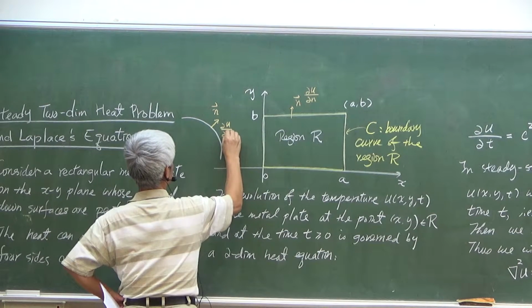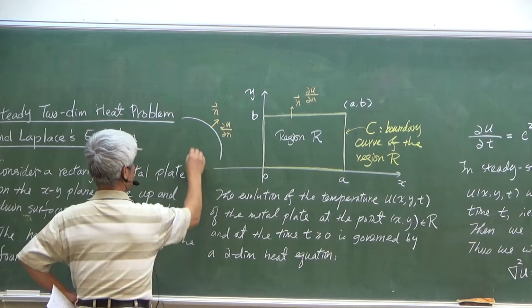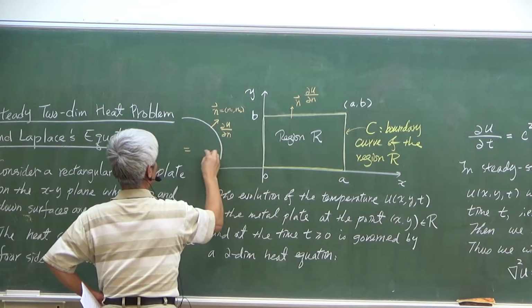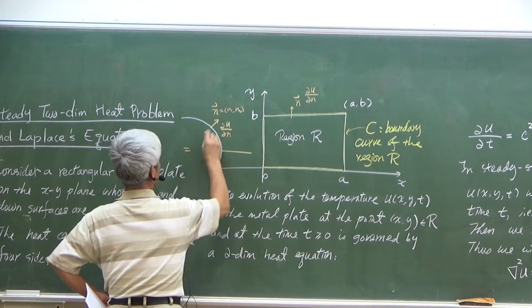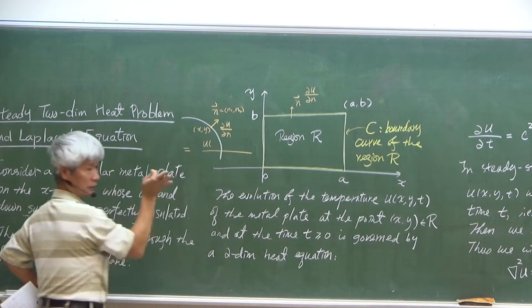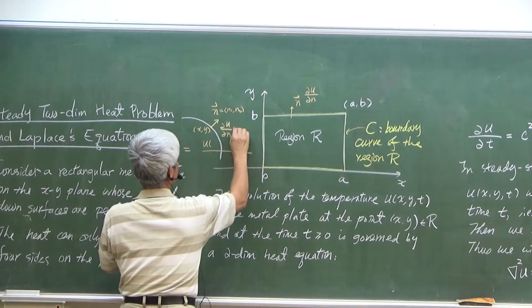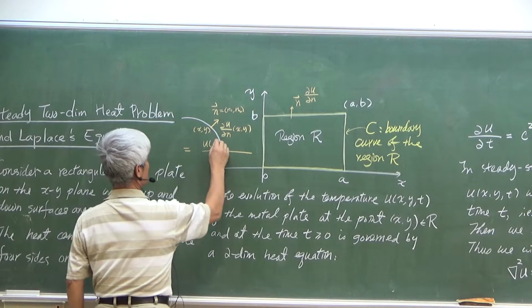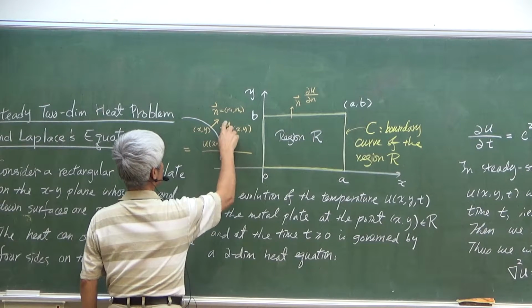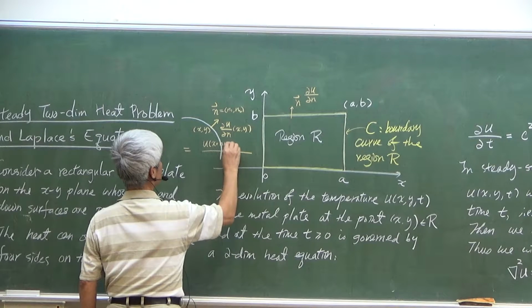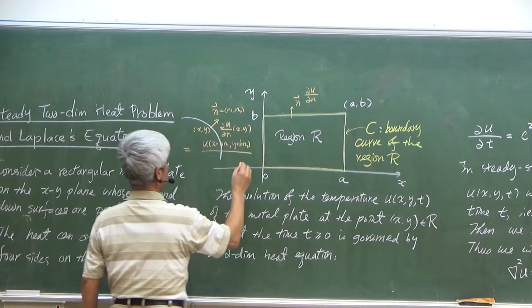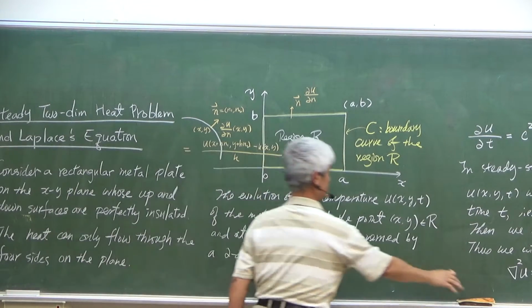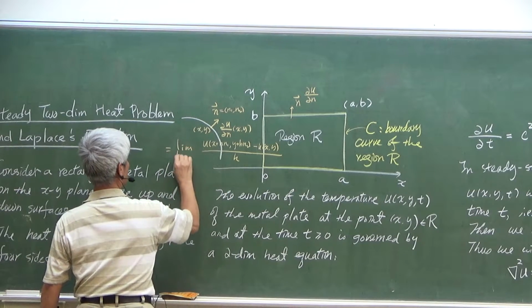So this is n = (n1, n2), and the directional derivative of u at the point (x, y) in the direction of n is the limit as h goes to 0 of u(x + h n1, y + h n2) minus u(x, y), divided by h.